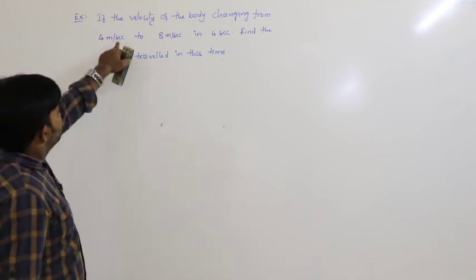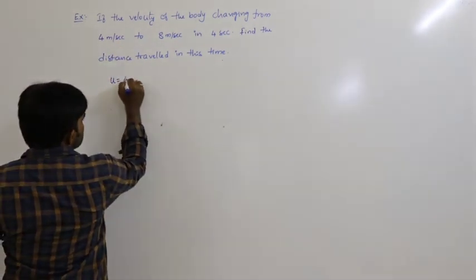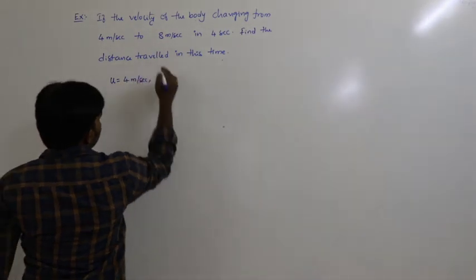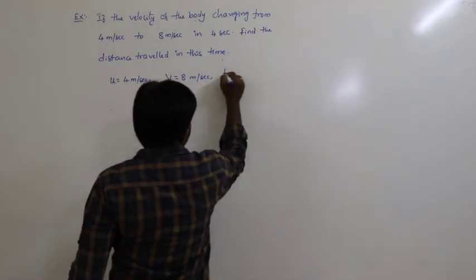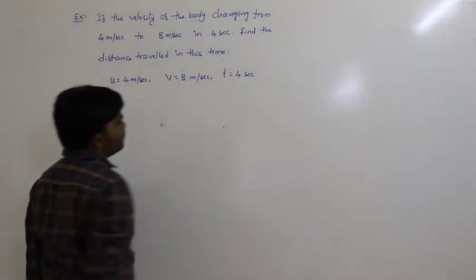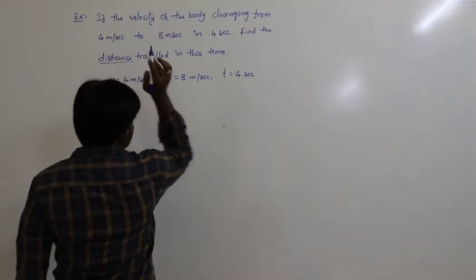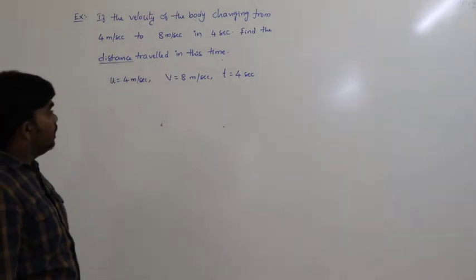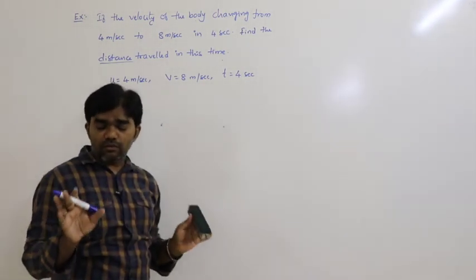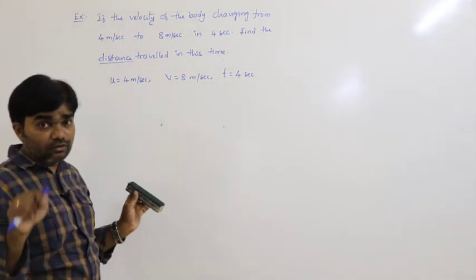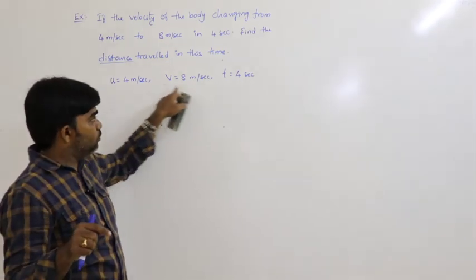See here, the velocity of the body is 4 meters per second. That means the initial velocity is 4 meters per second, the final velocity is equal to 8 meters per second, and the time is given as 4 seconds. Now what do we have to find out? Distance or displacement. Based on these 3 parameters, u, v and t, it is not possible to find the distance directly.